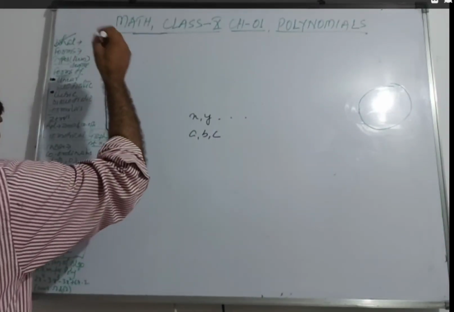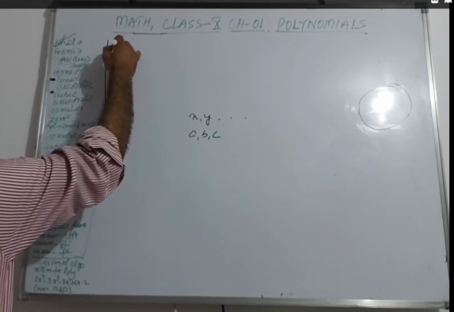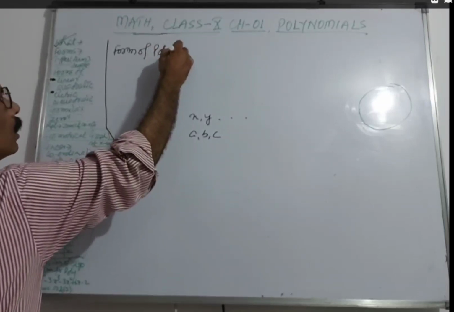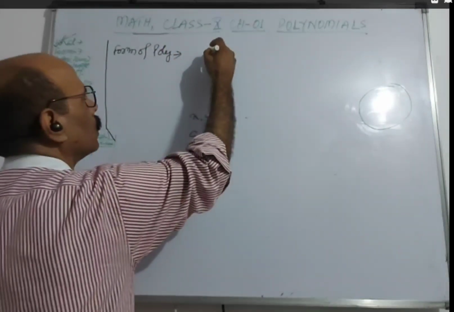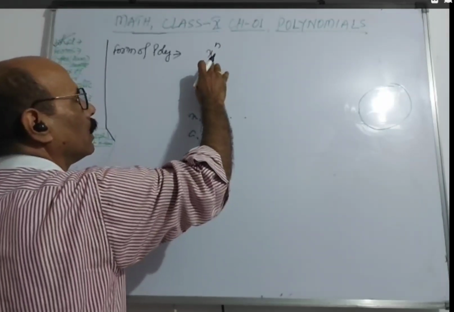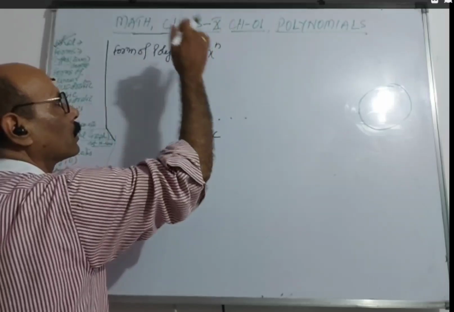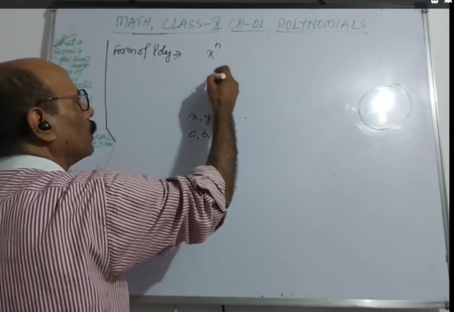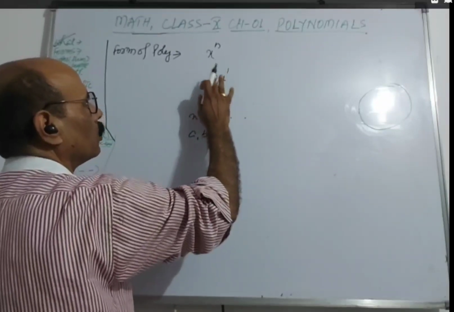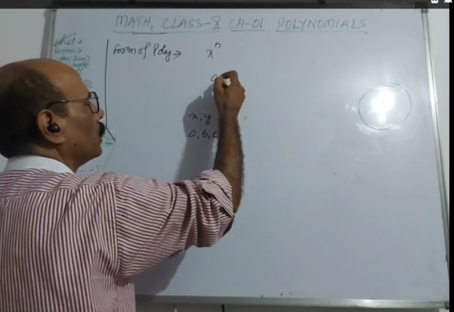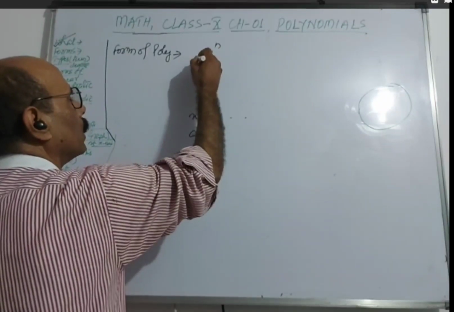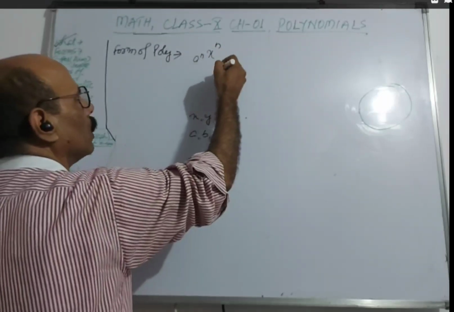So the general form of polynomial will be: a to the power n times x to the power n, where n may be 10, 5, anything. Here if x is to the power n, the coefficient is also indexed n.